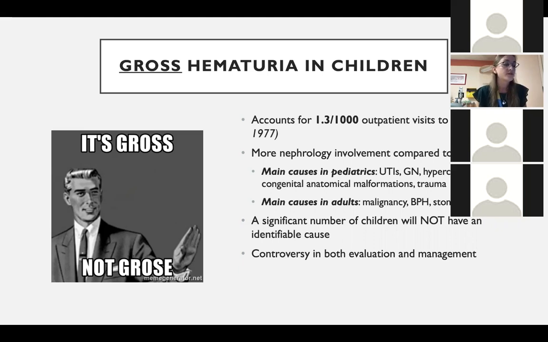And therefore, the role of the urologist is very different compared to the role in hematuria in adults. Moreover, a significant number of children will not have an identifiable cause, and that's important to remember. And this translates into many controversies, both in evaluation and management of these patients.